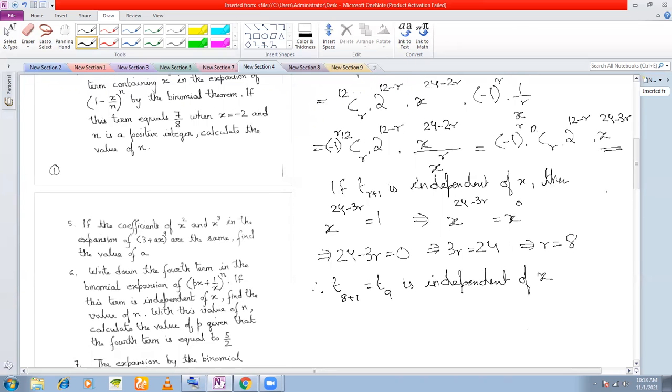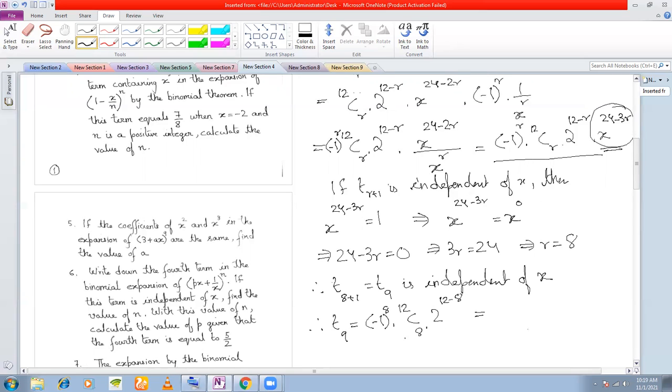And what is the 9th term? Put the value of r here. Therefore, T9, r is 8. So (−1) to the power of 8 into 12C8, 2 to the power of 12 minus 8, and x to the power of 24 minus 3r. This we had already taken as 1, so no need to write this.